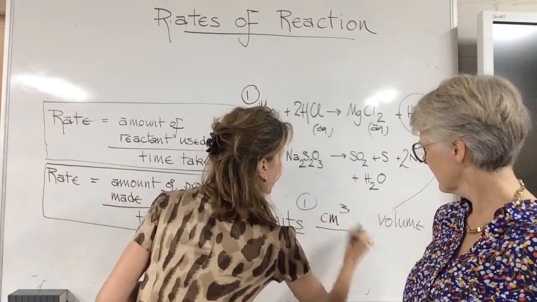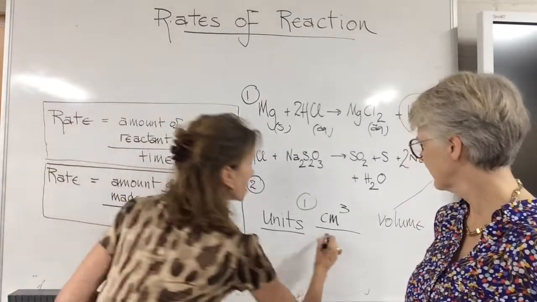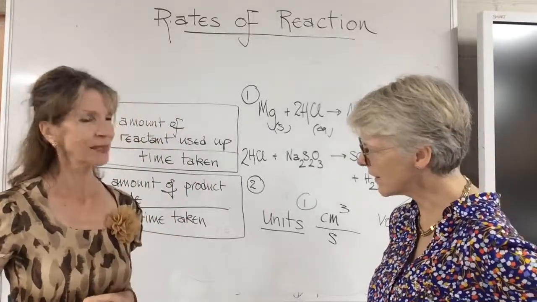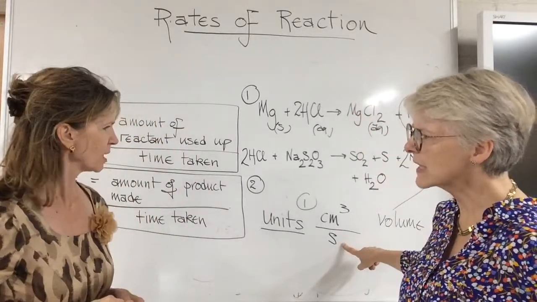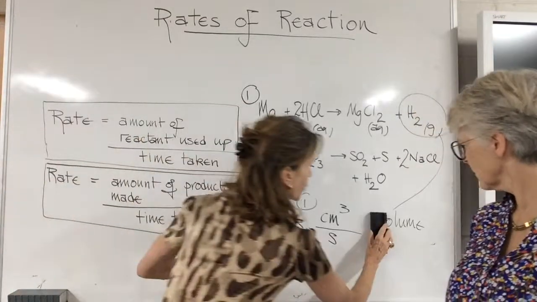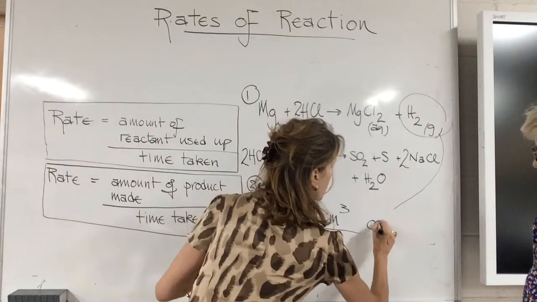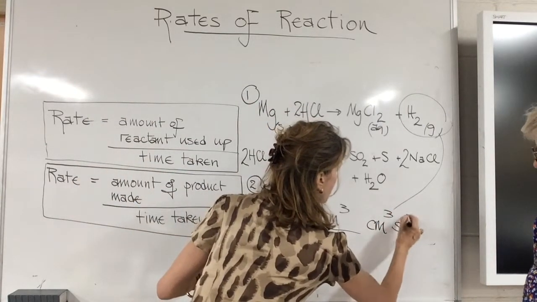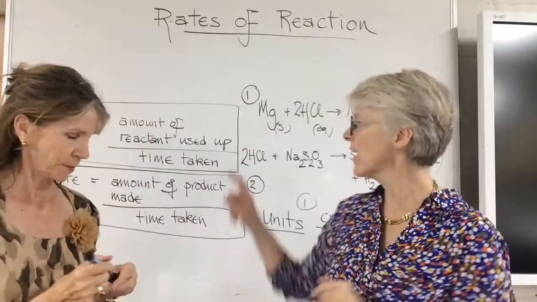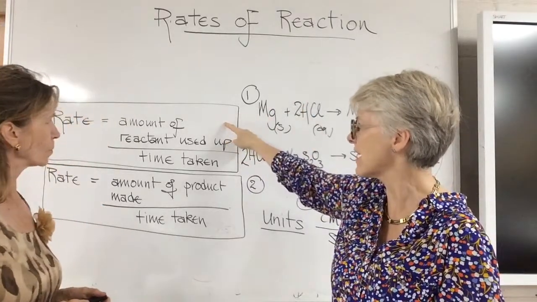And if I measured the volume per second, then it would be cm cubed per second. Excellent. Is there another way of writing that? Yes, you can write it as cm cubed per second, which is known as cm cubed s to the minus 1. Lovely, and that's the same thing. Fantastic. So that's the first example we've looked at for this reaction, this definition.